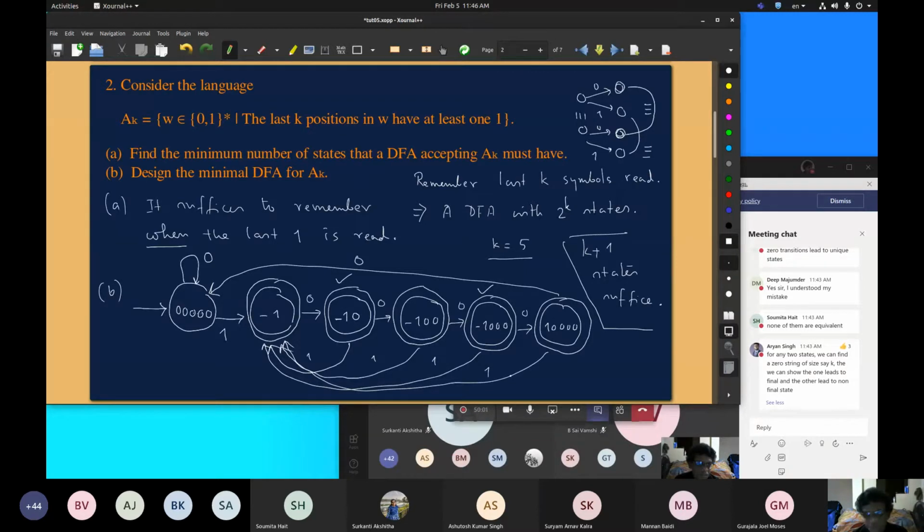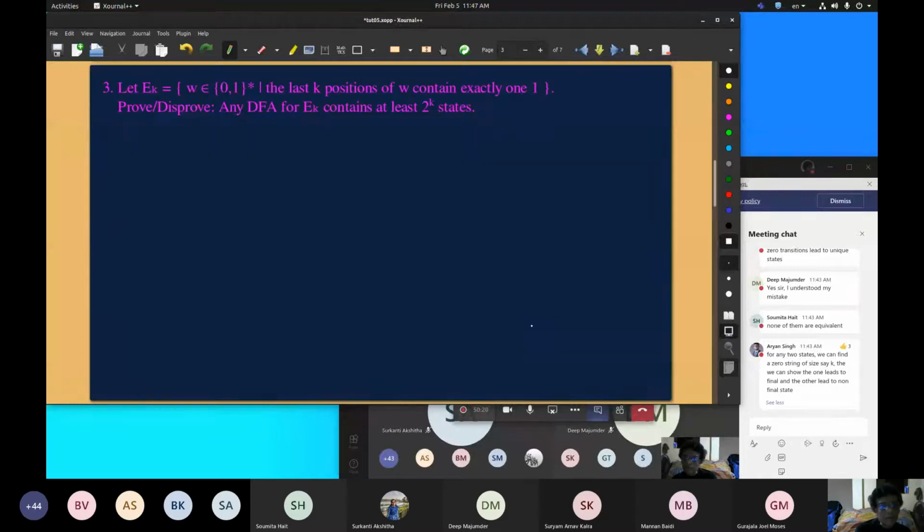Yes, sir. Okay, so why they are not equivalent? Any two of these are not equivalent. It's clear, right? Okay. So I give you a third language of a very similar flavor, but I will not solve it. I will leave it to you. Okay, but I just want to mention this.